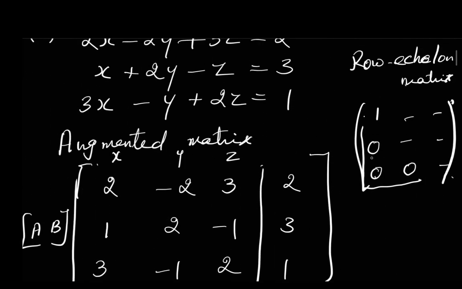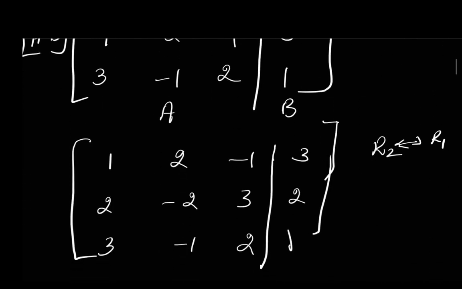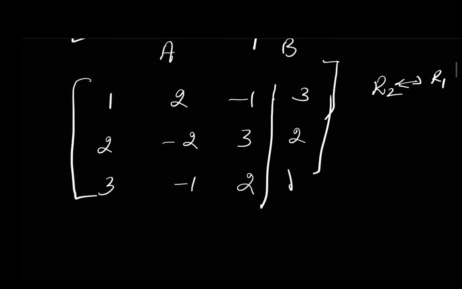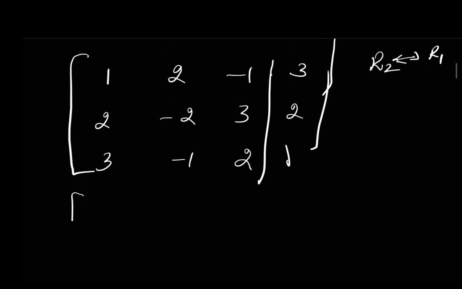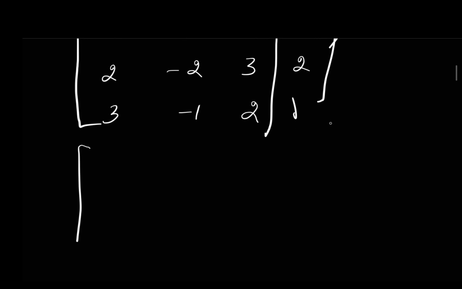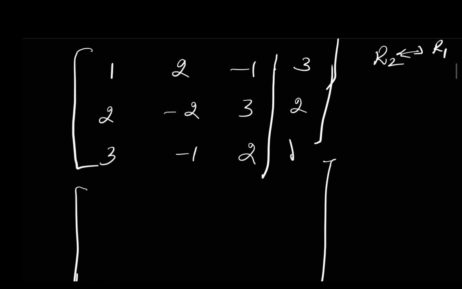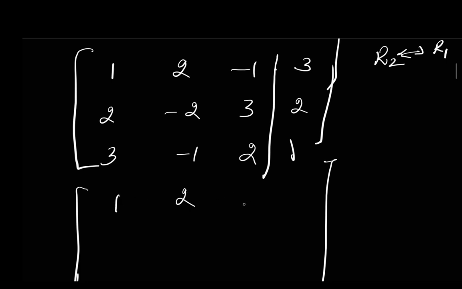Okay. The next step, the second row, first entry should be 0. So in the second row, the first entry is 2. I have to make it 0. So in that case, you write the first one as it is. Hereafter, you should not touch the first row: 1, 2, minus 1, 3. Here this 2 must become 0. I compare it with R1.